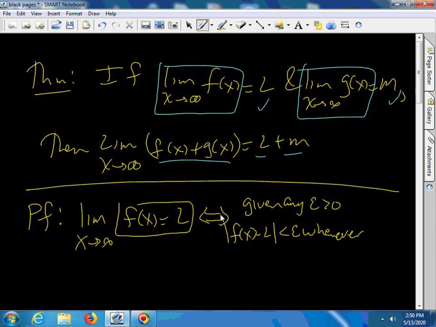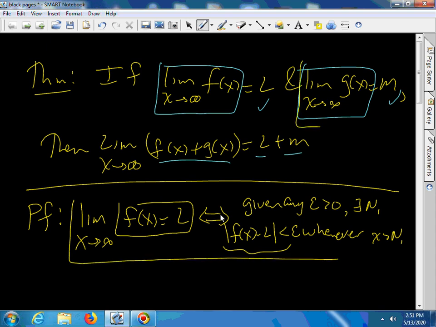Whenever x is large enough. Given any epsilon greater than 0, there exists an n1 such that this statement is true whenever x is bigger than n1. Okay?